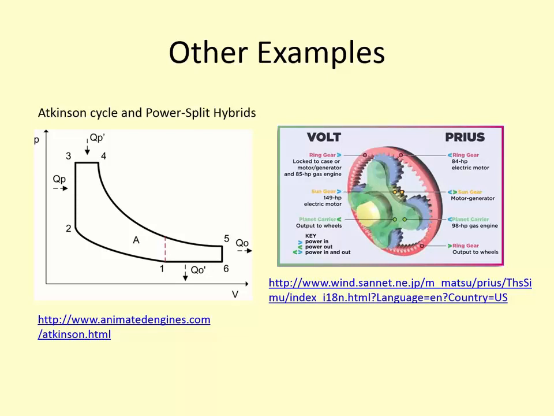Sometimes the motor is powering the wheels. Sometimes it's charging a battery. Sometimes the gas engine is powering the wheels and charging the battery. So depending on the needs of the vehicle, different components can switch between the power output or the power input, which is kind of an interesting idea as well.